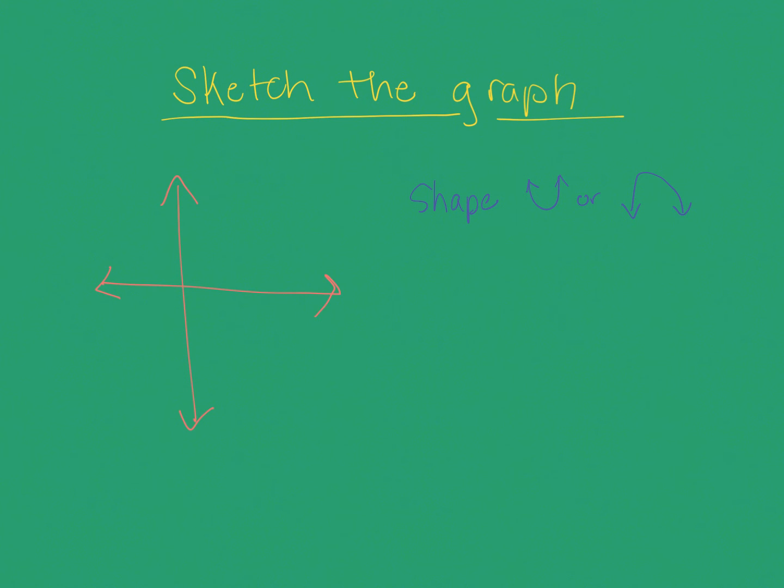Remember that we could tell that by the a value. If that a is a positive number, then we know it's going to open up. If that a is a negative number, then we know it's going to open down. That's one thing we're looking for, and we discussed that in last week's lesson.